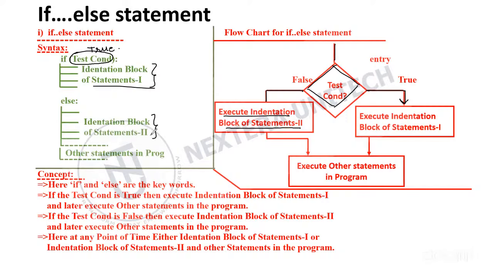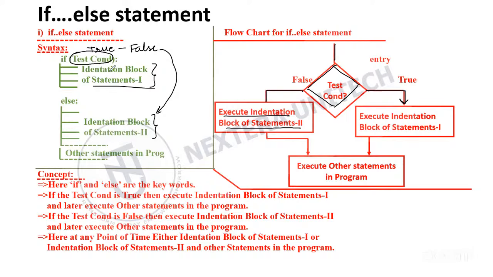So if the condition is true, it will execute the block of code inside the if statement, and if it is false, it will directly execute the block of code inside the else.